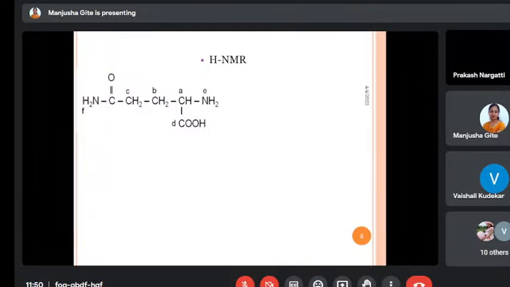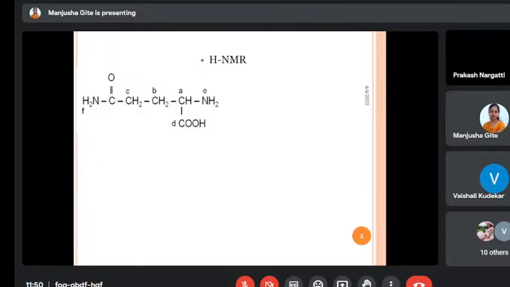See carefully. There are 5 carbons. All carbons are different, so you will get 5 signals in the NMR spectrum.